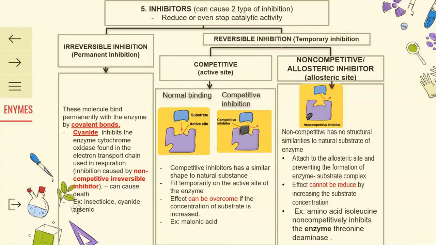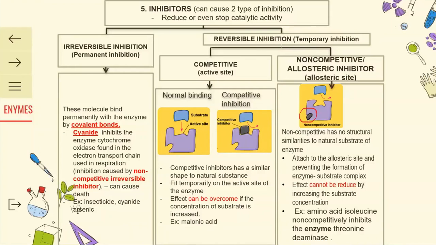In non-competitive inhibition, the non-competitive inhibitor or the allosteric inhibitor does not target the active site. The non-competitive inhibitor will bind at a site other than the active site. It means the allosteric site.